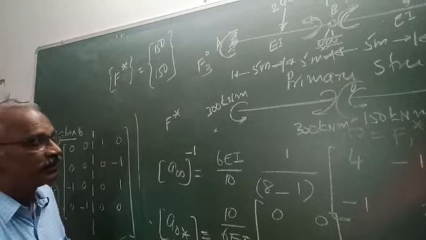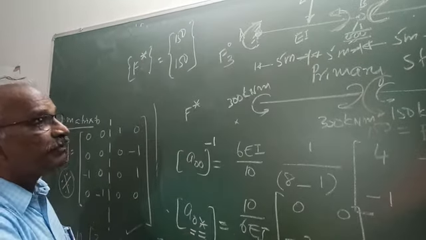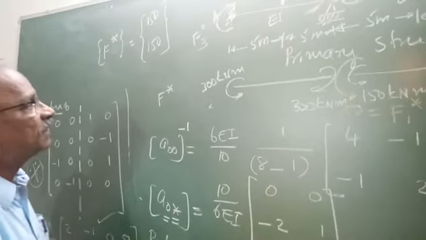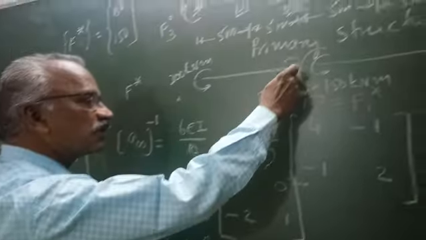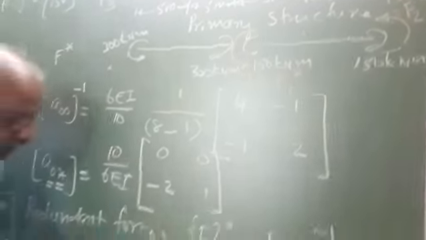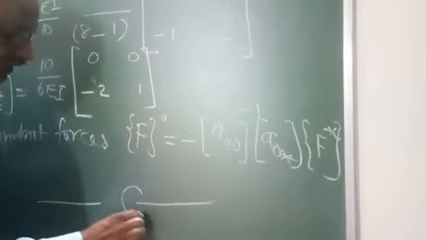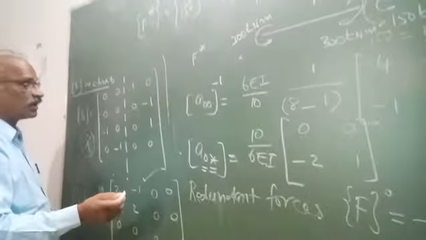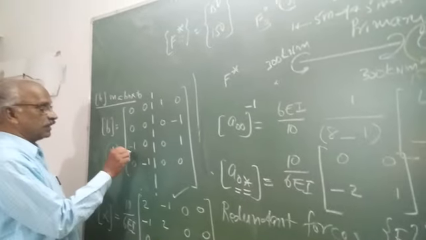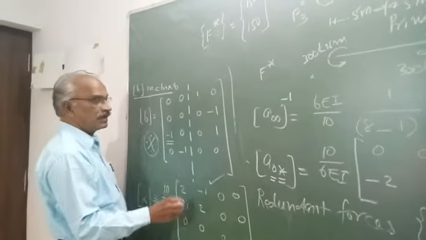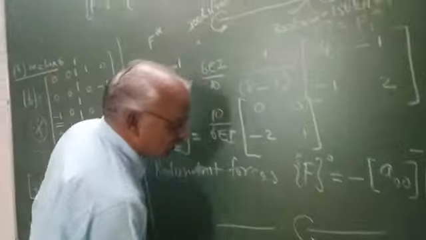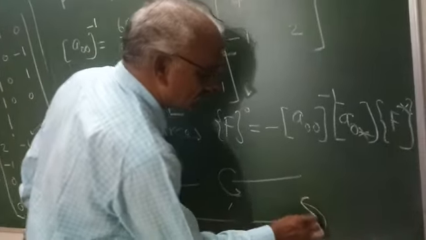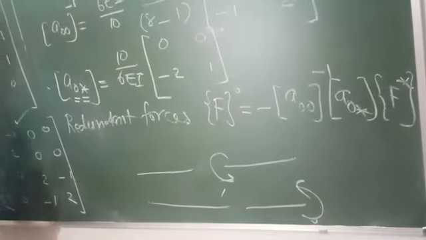The reason being, when we derived the B matrix, we took F1 star in the anti-clockwise direction only. Similarly, when we considered F2 star, it was also applied in the anti-clockwise direction.